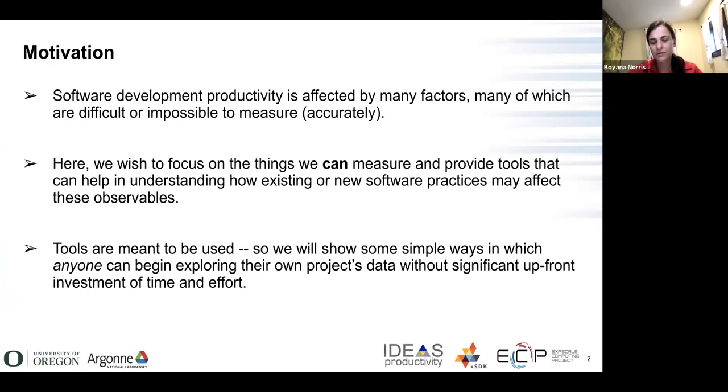So instead of worrying about those factors, we focus on things we can measure, and we try to evaluate them and figure out if they can help us understand how software practices the developers follow affect various observable metrics of productivity.